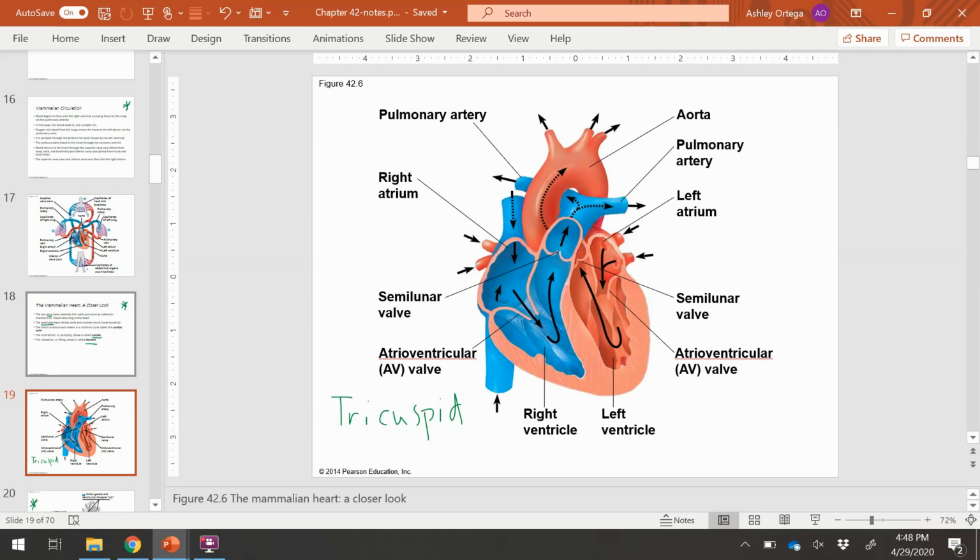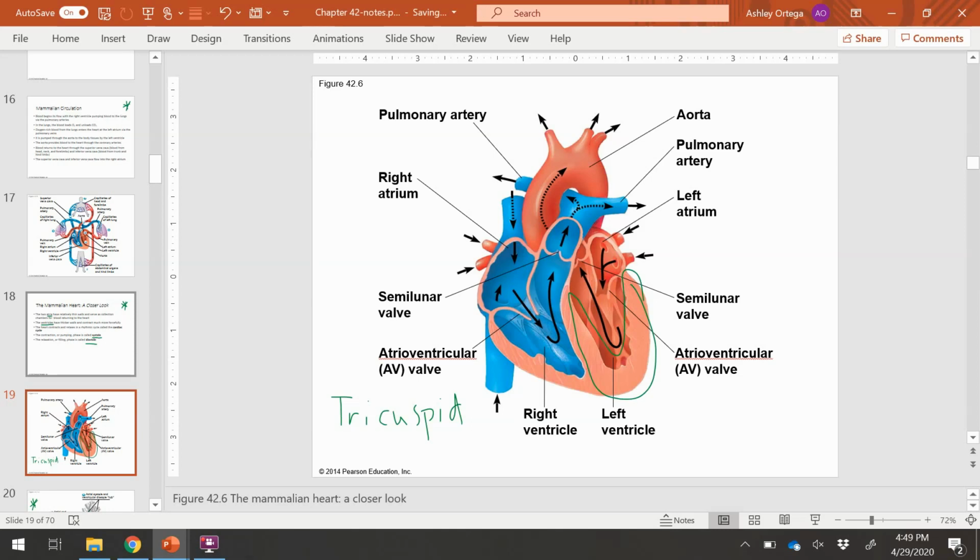Looking at the left atrium and the left ventricle, the left ventricle is going to be the thickest muscle of the heart, as it's responsible for pumping blood to the whole body.